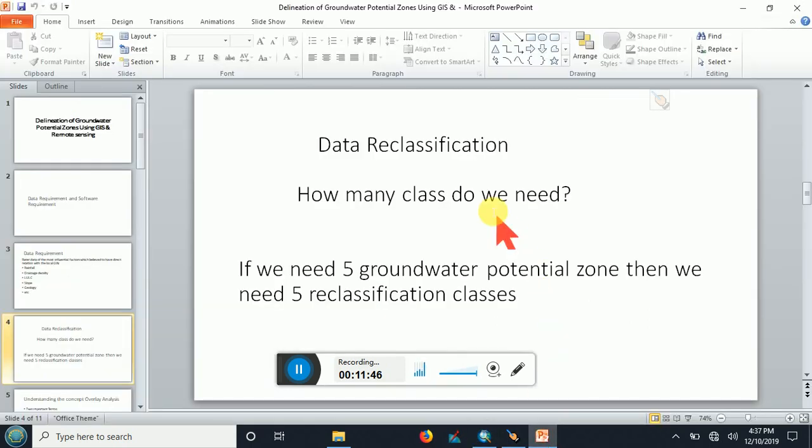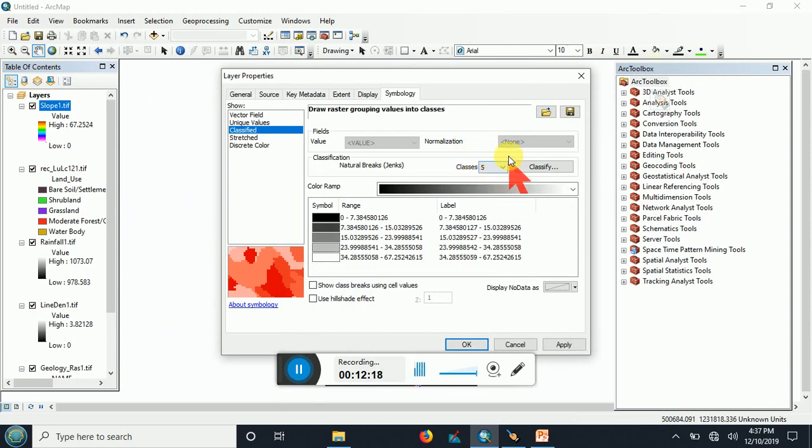So for this specific example, let's assume at the end we will have 5 or 4 groundwater potential zones: one zone with very good, the other with good, the other with moderate, the other with poor and very poor, or maybe there is no moderate but 4 zones. So the reclassification will depend on the output that you need, 5, 4, or maybe more than that. Let me assume 5 is okay.